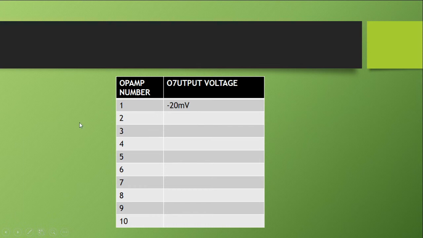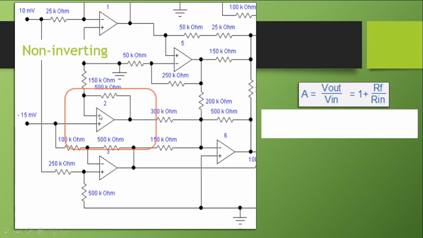Let's go to op-amp number 2. This is also a non-inverting input, because our input is coming from the positive terminal. Our input is negative 15 millivolts. Our RF is 500K, our Rin is 150K.